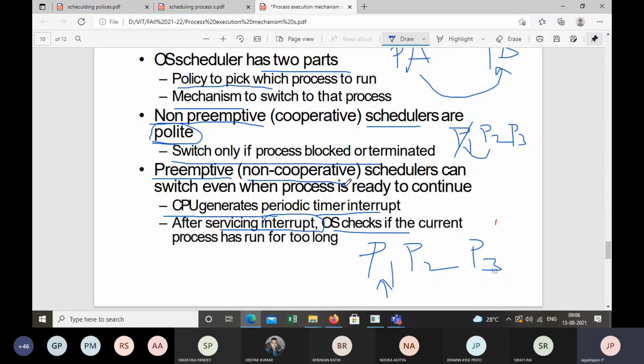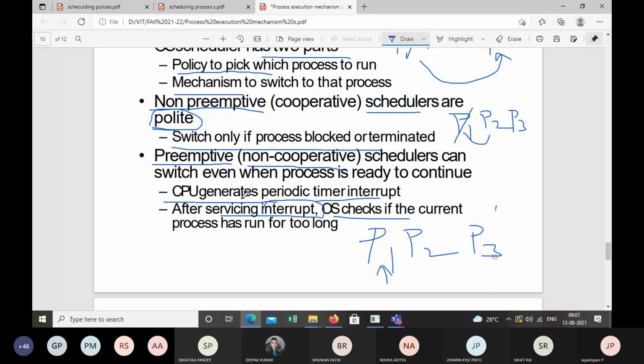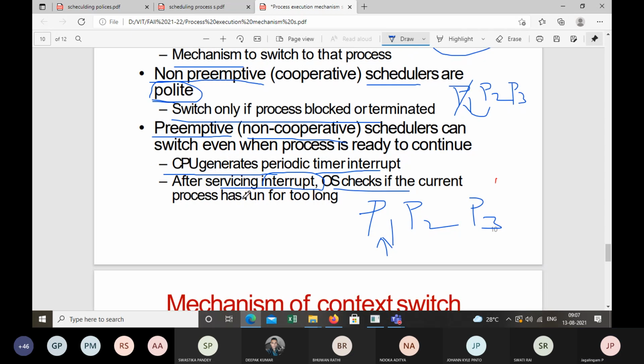Look at the first point, the OS scheduler. The operating system has scheduler code, and that scheduler code has two parts. One is policy, the other one is mechanism.